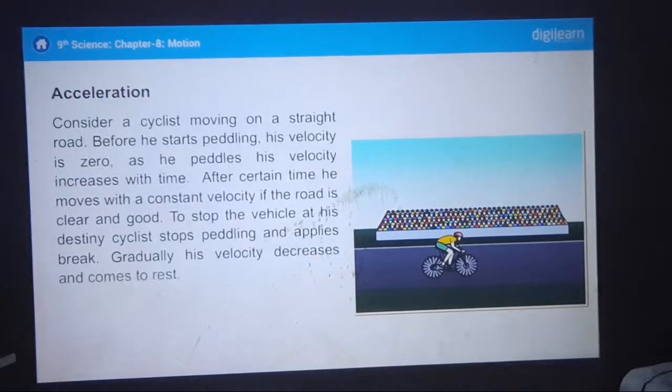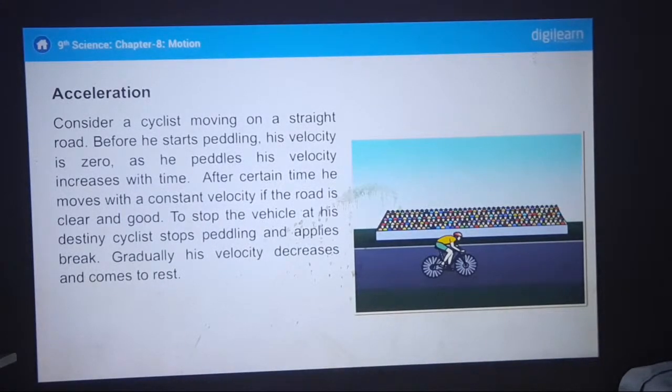Acceleration. Consider a cyclist moving on a straight road. Before he starts pedaling, his velocity is 0. As he pedals, his velocity increases with time. After a certain time, he moves with a constant velocity.